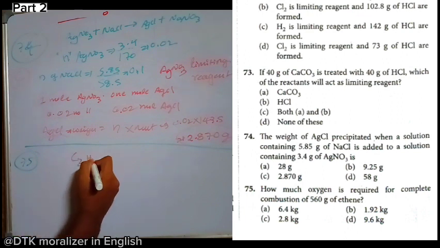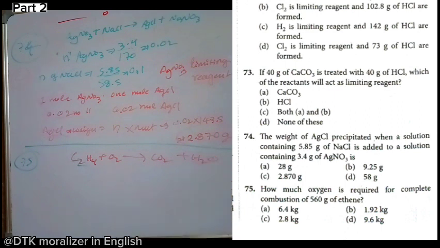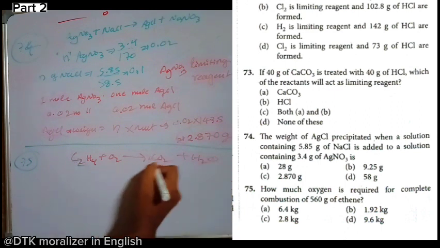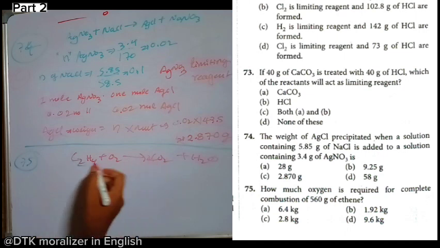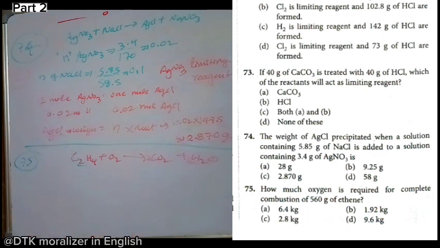For ethene, it is C2H4 plus O2 gives CO2 and H2O. Here, as you can see from this equation, 2H2O, by solving the equation.